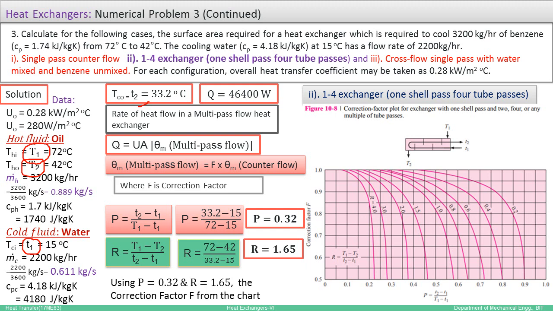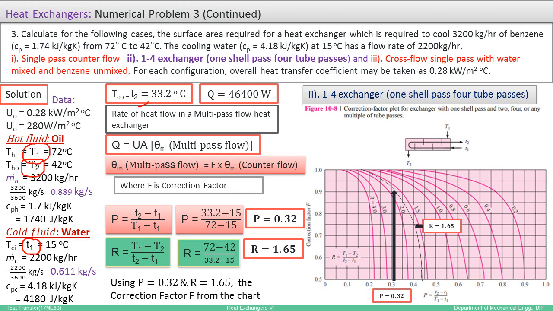So we have this graph here. This graph is for one shell pass, 2 or 4 or any multiple of tube passes. So this graph is applicable to the current problem. So just check out the details available. For different values of R, the curves are drawn, and on the x coordinate we have P, and on the y the correction factor.